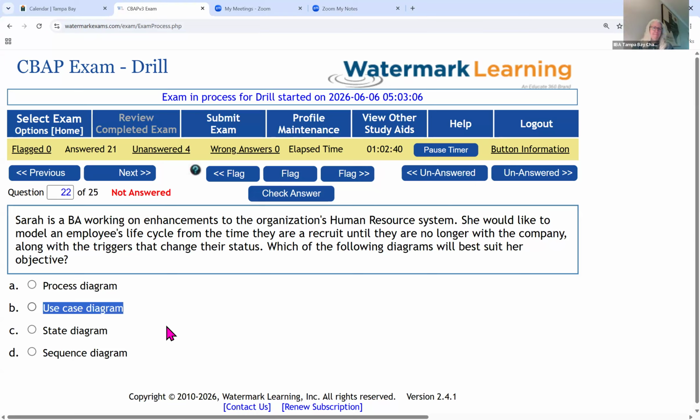Okay. And which one do you think is the correct answer, Jose? The state diagram. Okay. Gabrielle, what do you think?